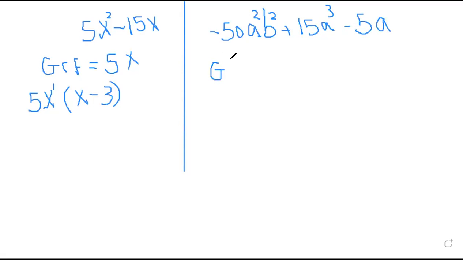So the GCF, we can find like we said before. We can do column factorization to find the prime factorization for 50 and 15 and negative 5. And we can note that the first number here is negative 50. If you want to arrange these terms according to the power of a descendingly, it's okay.